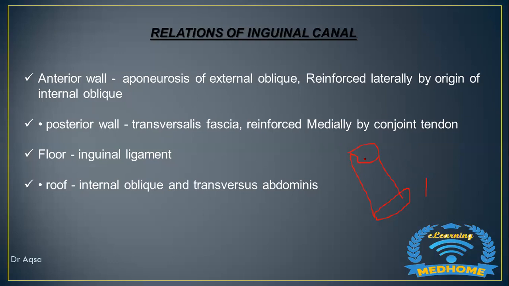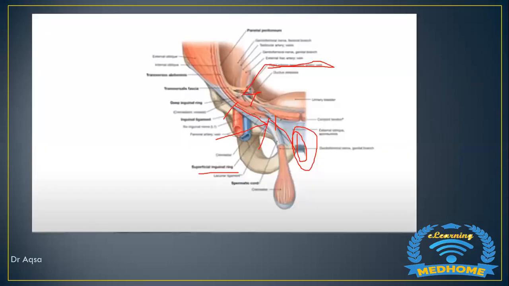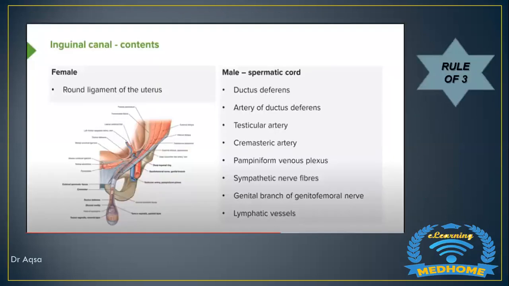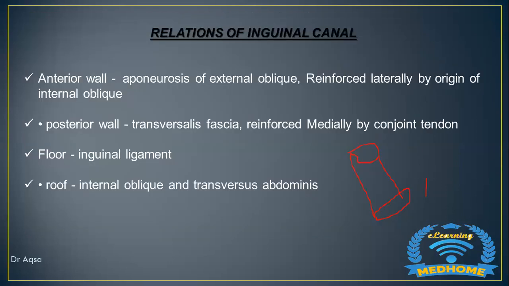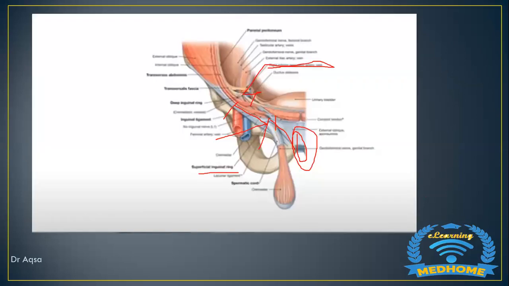If you look at the diagram here, the inguinal canal is formed above by the internal oblique and the transverse abdominis. And below, it is formed by the inguinal ligament.